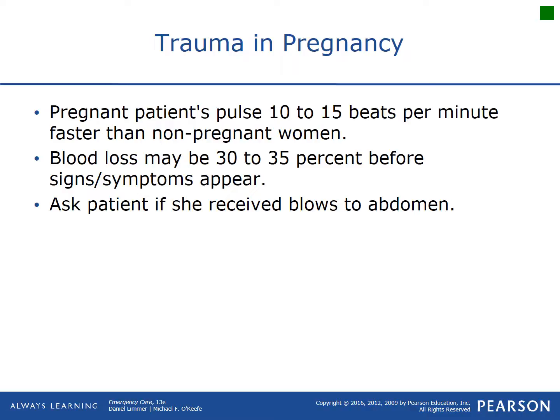So the blood volume of that pregnant patient increases. Their pulse rate will be higher and their blood volume is going to be higher. So a trauma patient may be able to sustain higher amounts of blood loss than the non-pregnant patient before the shock in that patient becomes bad.